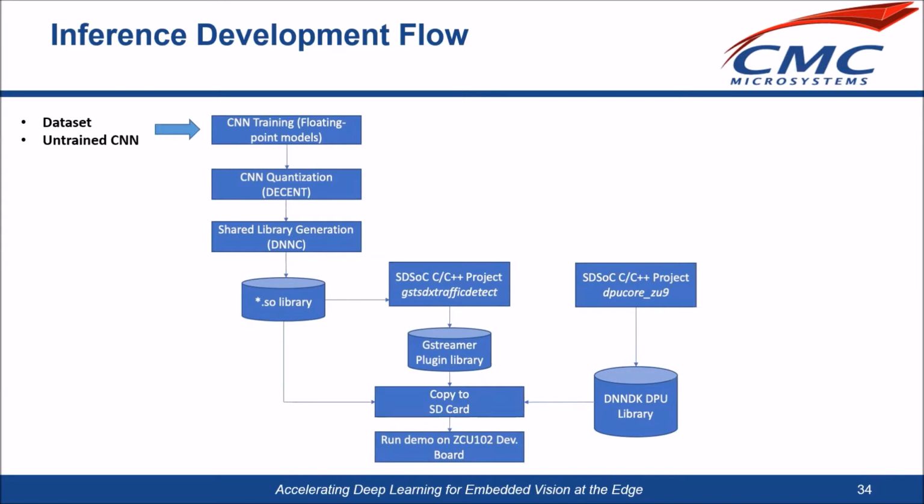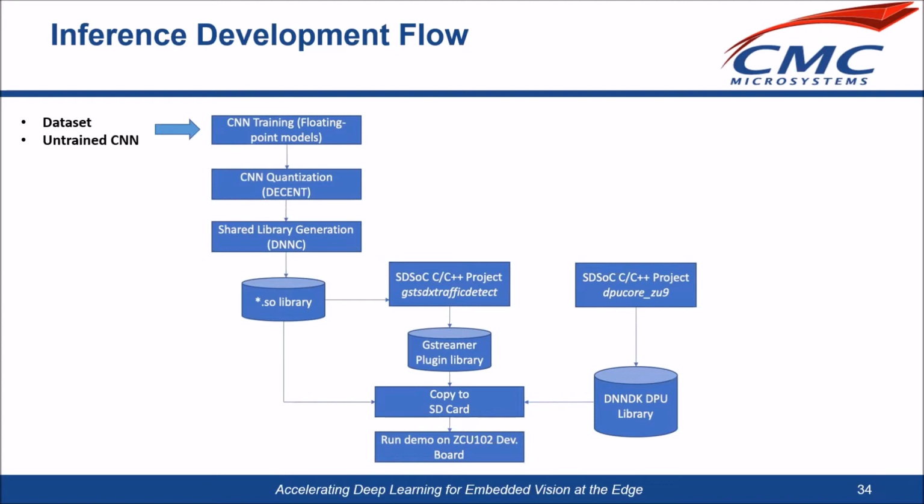At this point, there are two parallel development projects in the Xilinx SDSoC environment. The first project is the hardware project. In our case, it was called DPU core ZU9. This describes the DPU architecture and implements the hardware that will be downloaded to the FPGA fabric. The second project, in our case called GST SDX Traffic Detect, is a pure software project that will create the GStreamer plugin for our object detection CNN.